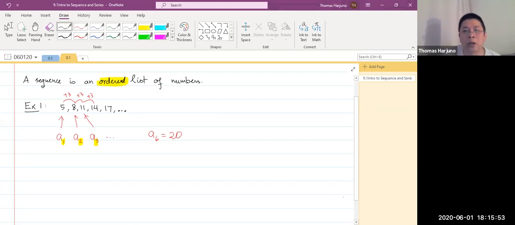Now, there are 3 methods, at least the ones we see in this textbook, to represent a sequence.